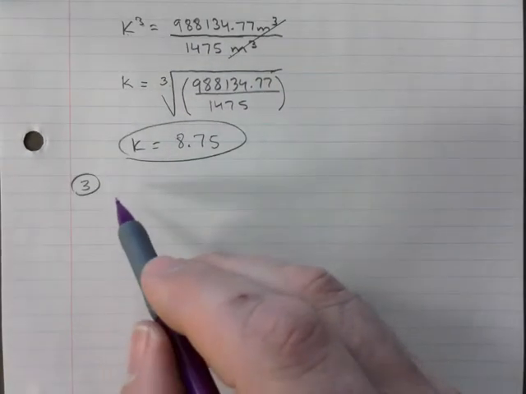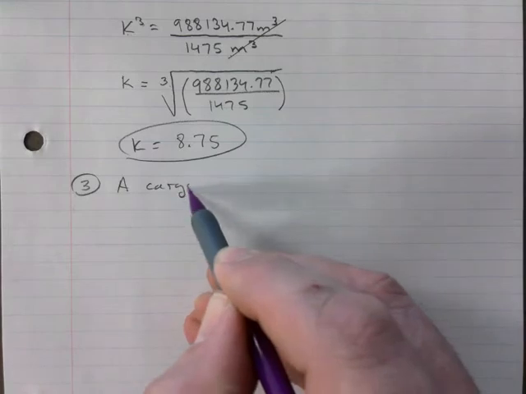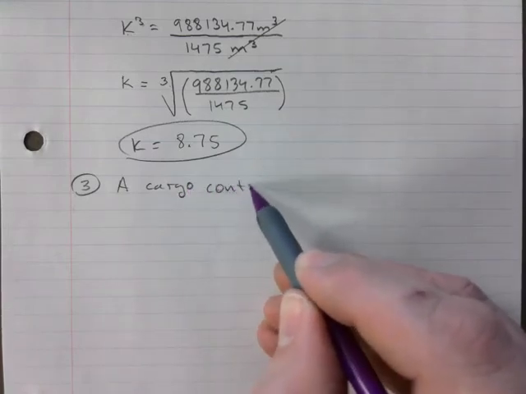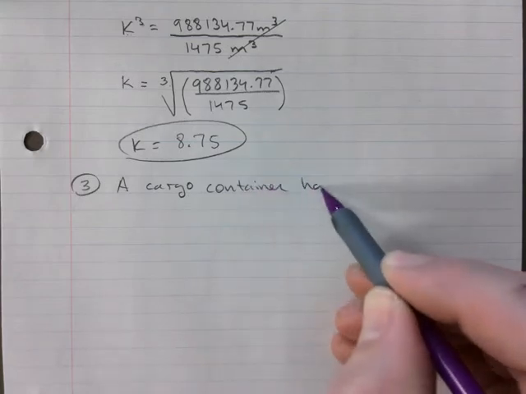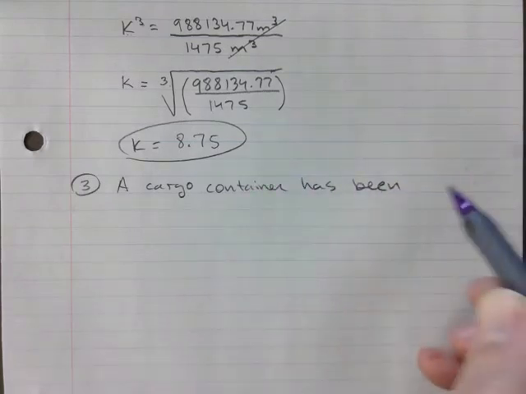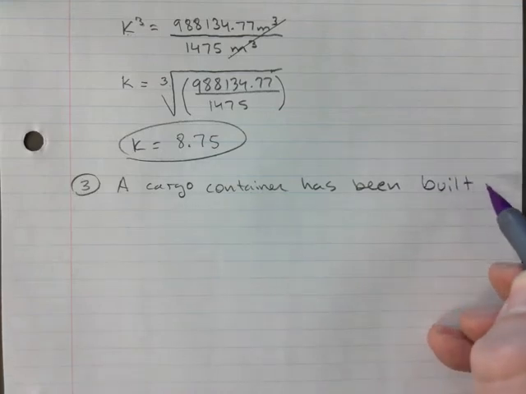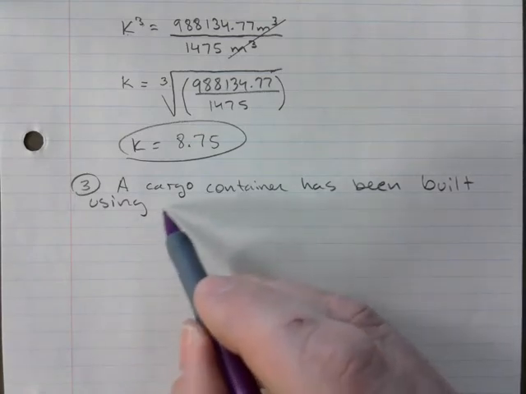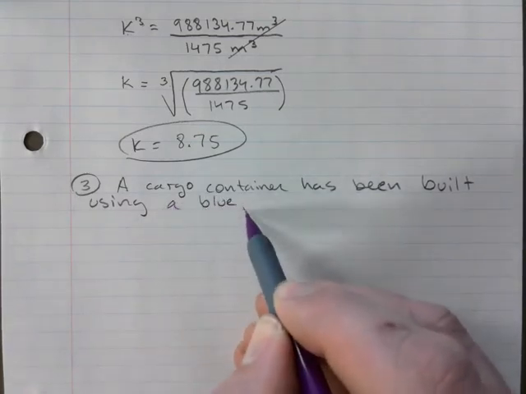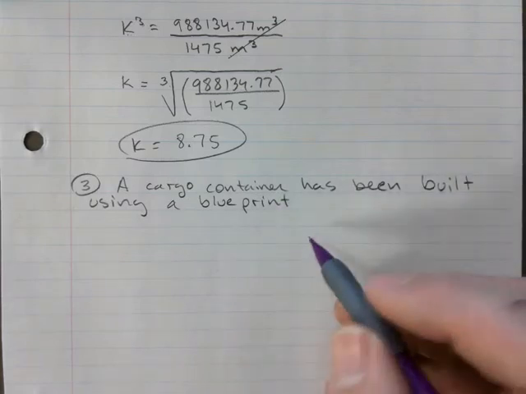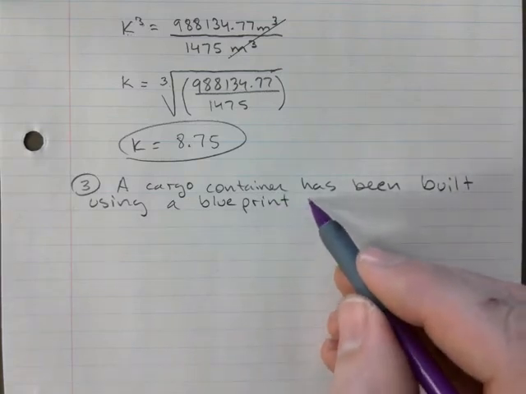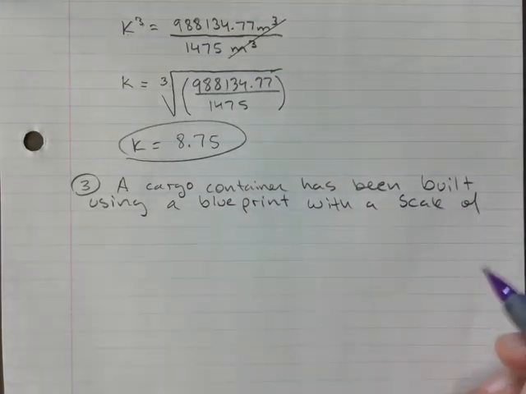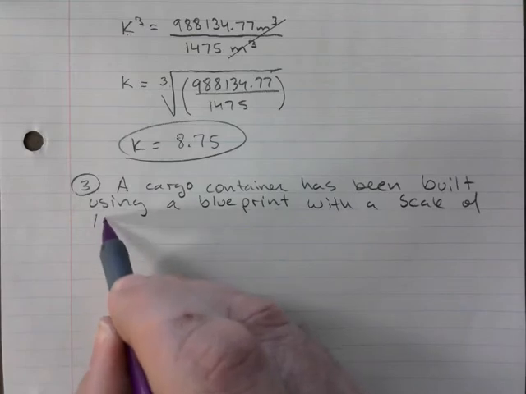More examples. A cargo container has been built using a blueprint with a scale of 1 to 15.